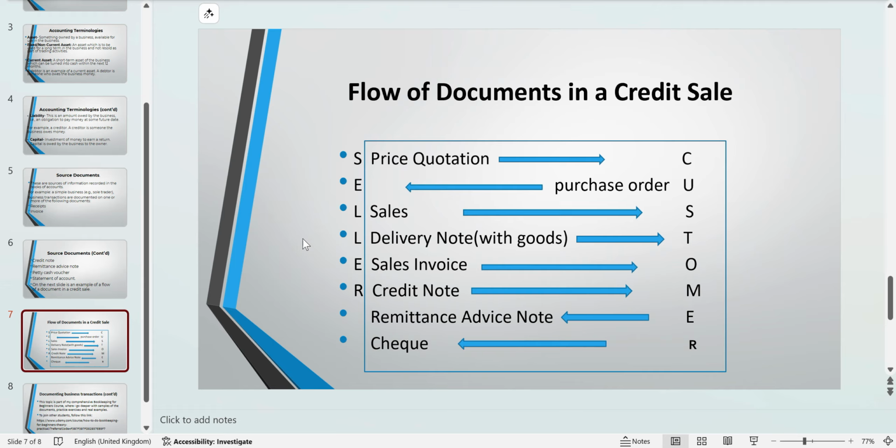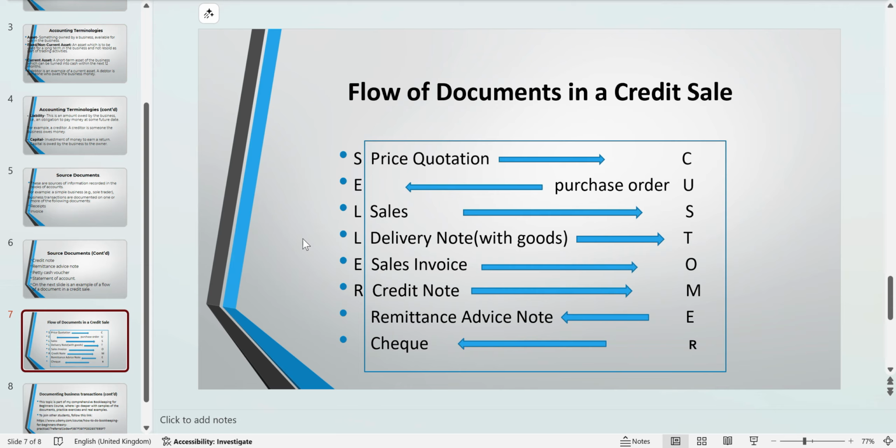Then the customer will make an order, which is a purchase order. After that purchase order, there will be a sale, meaning the supplier will send the goods to the customer, and the goods will go with delivery notes. After the goods are delivered, the seller or supplier will send a sales invoice to the customer.